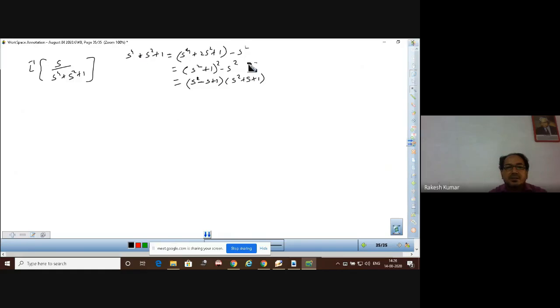This is the simplification of this term. Now you can make a partial fraction very easily. This can be written as as plus b upon s square plus s plus 1, because this factor is equal to this factor, and plus cs plus d upon the other factor, s square.